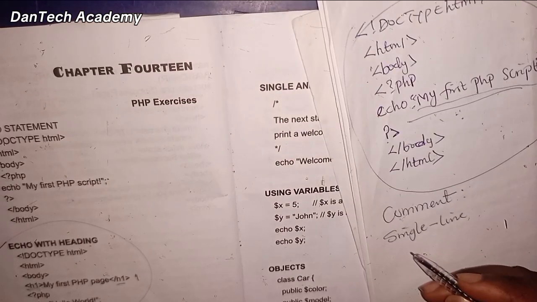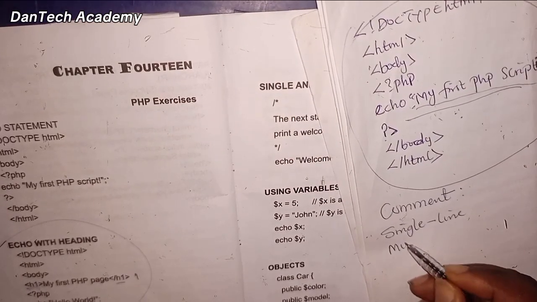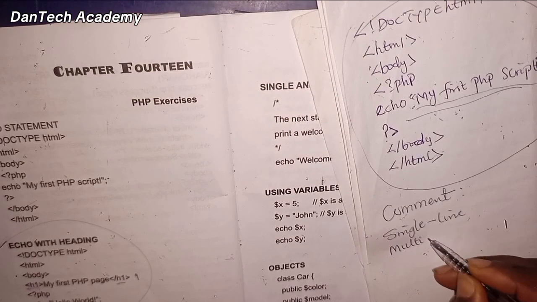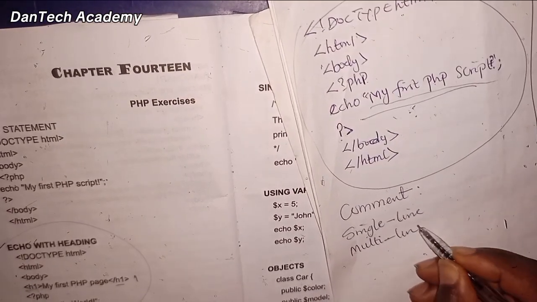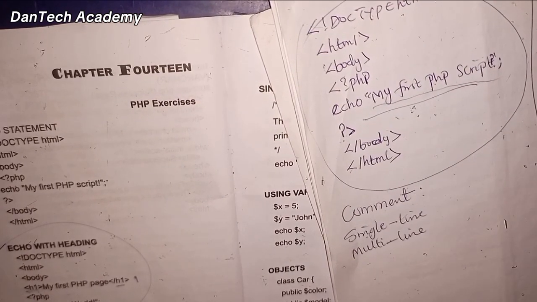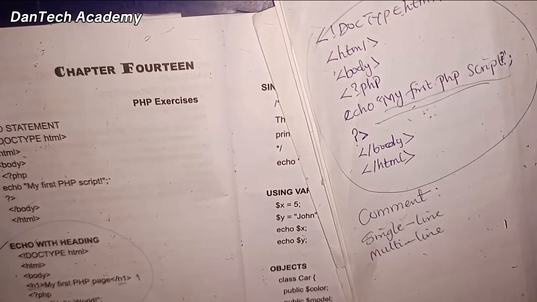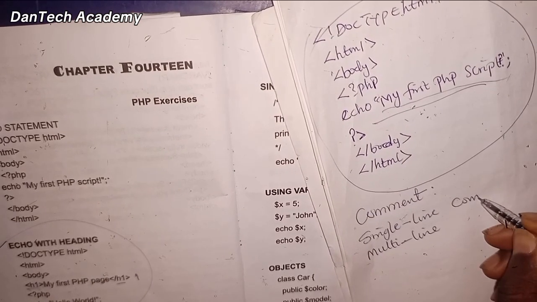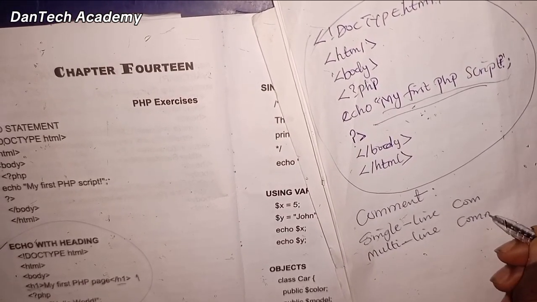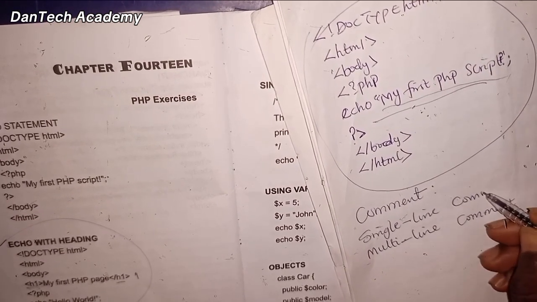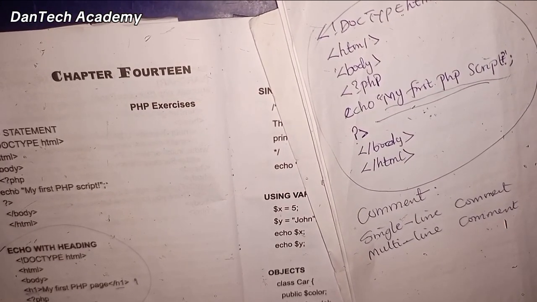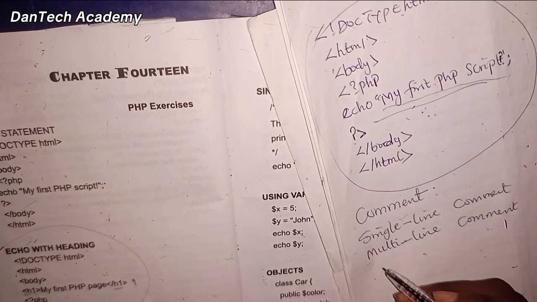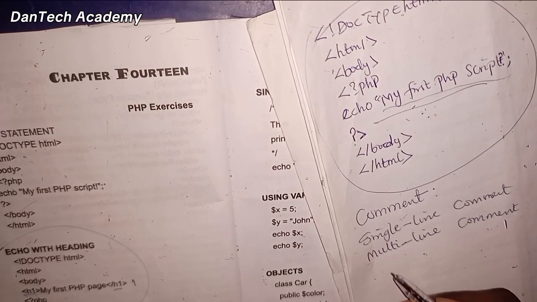We have the multiple line, multi-line. That's a line that is more than one. Multi-line comment. This one is to comment. Another one is in the middle of text.